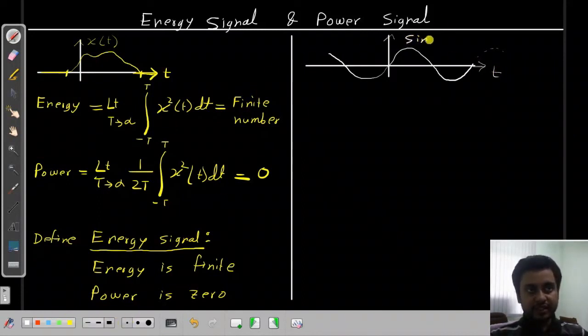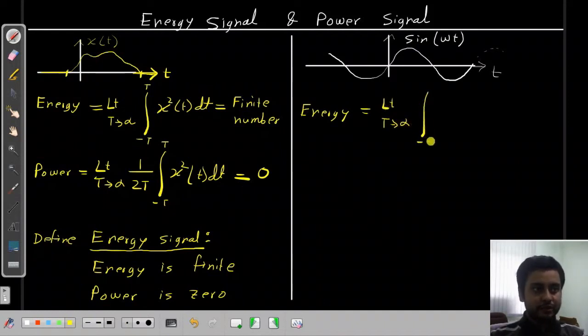Suppose this is sin(omega t). Then if you calculate energy, that means you have to do the integration from minus infinity to plus infinity of x squared(t), that is sin squared t dt, you will get infinite.